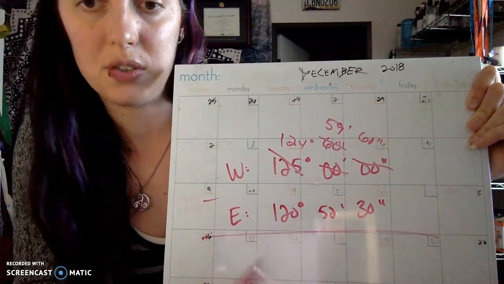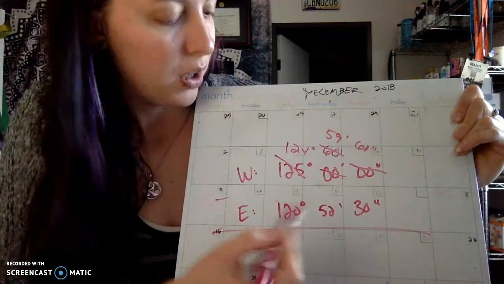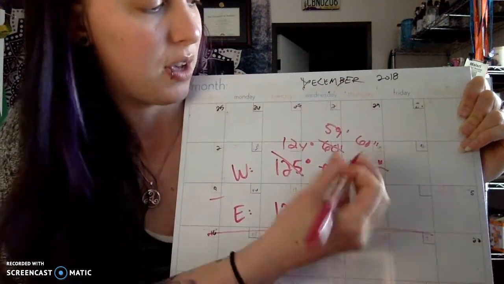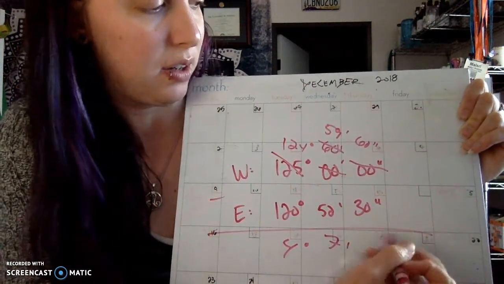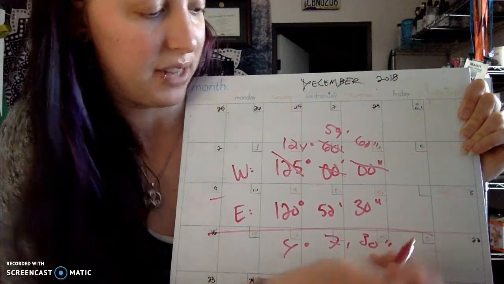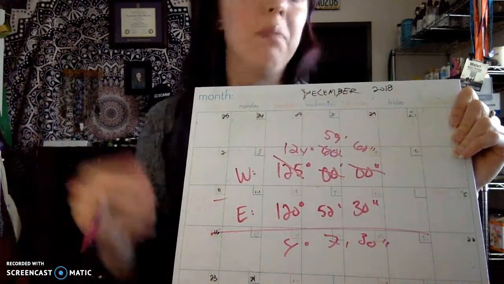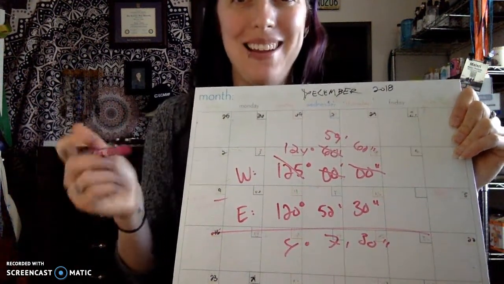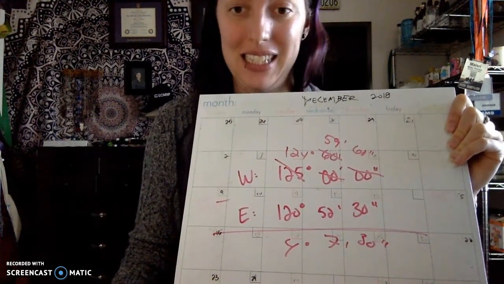And now we can do subtraction without any negativity. Wonderful. So 124 minus 120 is 4 degrees. 52 from 59 is 7 minutes. And 30 from 60 is 30 seconds. So the width of my theoretical California is 4 degrees, 7 minutes, and 30 seconds.